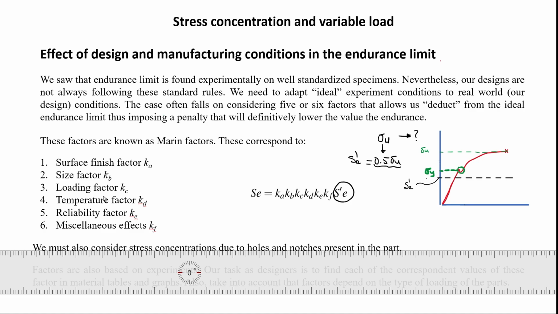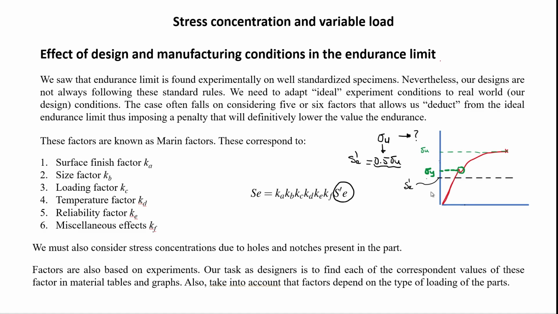So, okay, let's keep track of this. This is the endurance that you have calculated using this theoretical consideration. Now it says, yeah, but this is not the one you're going to use. You need to use this one here. And to get from the theoretical one to the practical one, let's call it that way because that's the one you're going to use in practice for your design, you have to multiply by a series of factors.